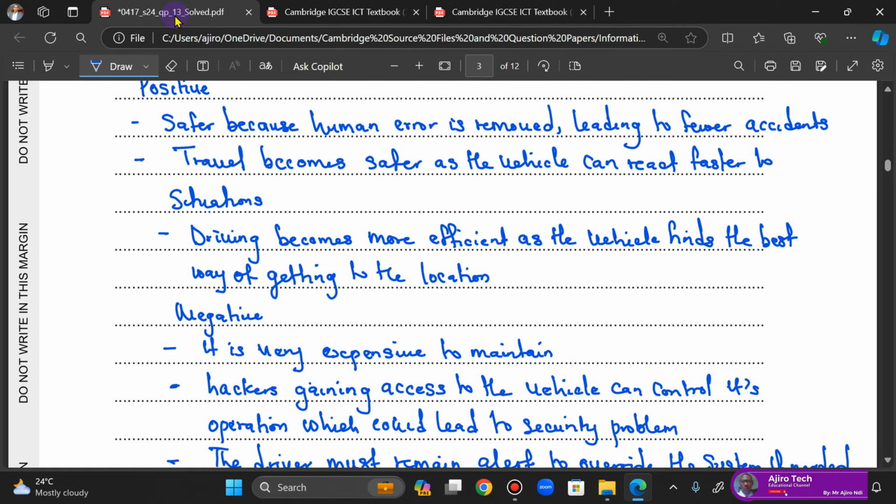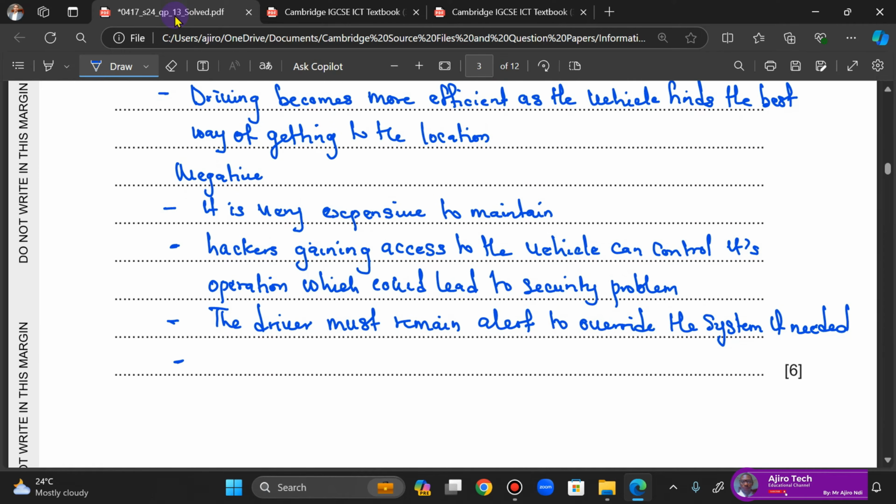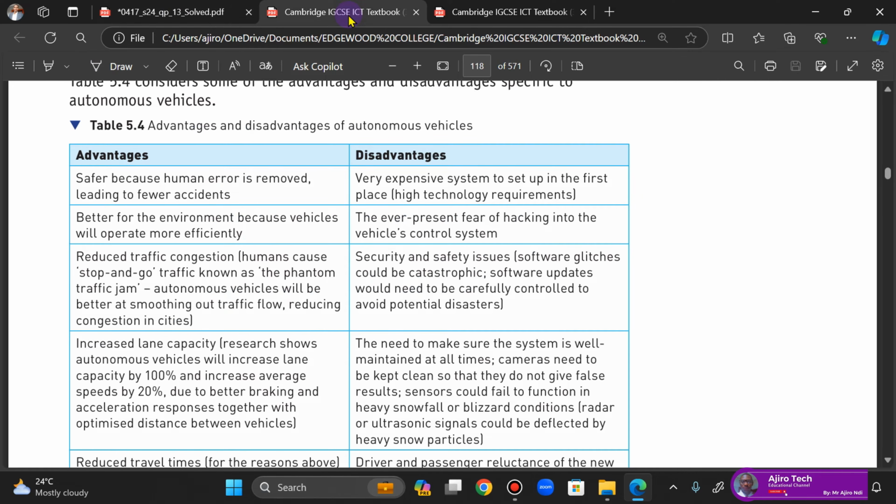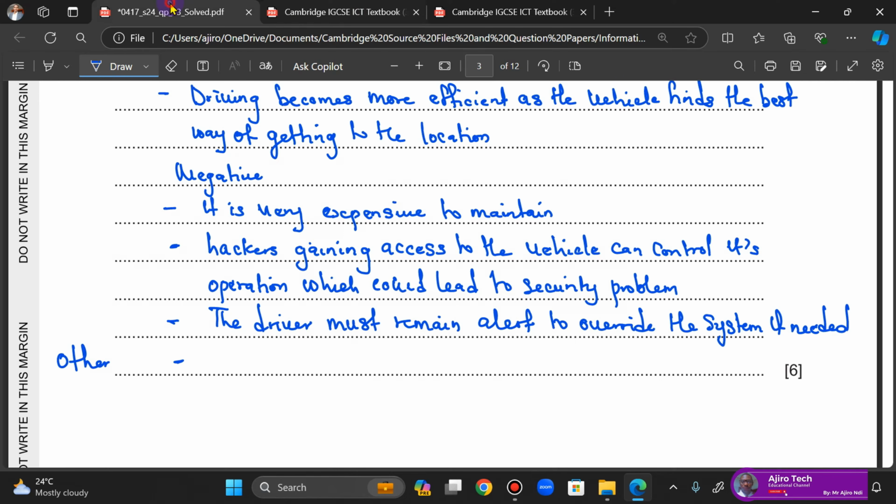Okay, so let me add, I think that's all. This is 1, 2, 3, and this is 1, 2, 3. So here they lose the skill of learning how to drive, which is actually this dependence. There's that dependence on driverless technology.